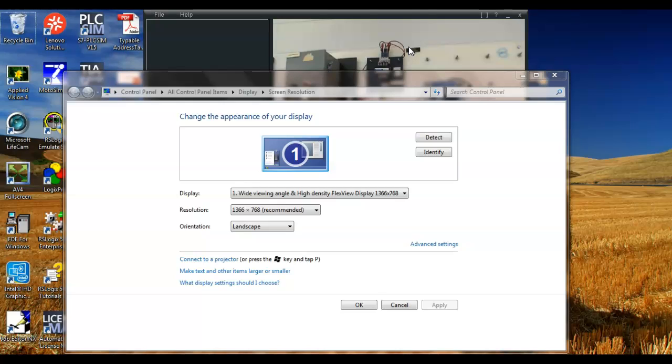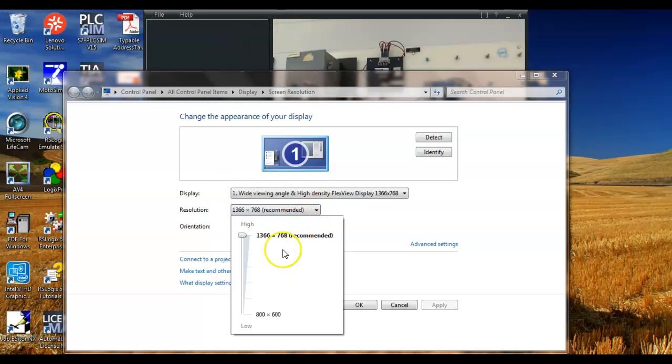So we have a rate that we take the pictures, and it's called the frame rate or the refresh rate, and then we have a number of pixels. Now notice I have all the way down to 800 by 600 available on this screen because it's a laptop and it's fairly old.